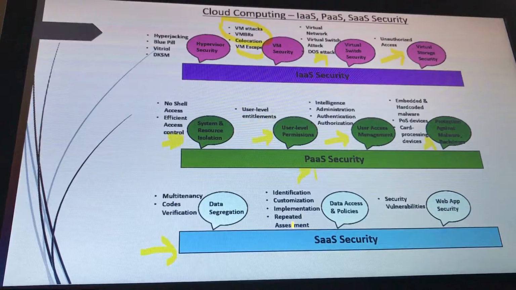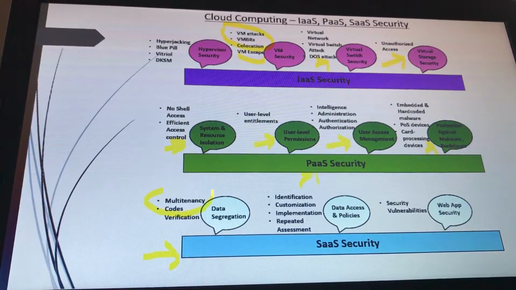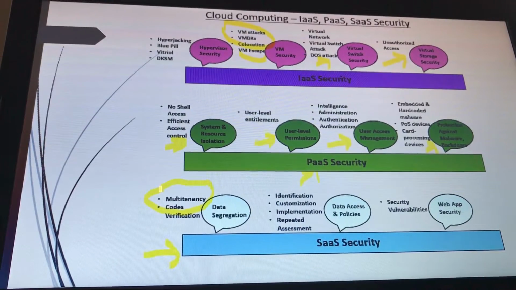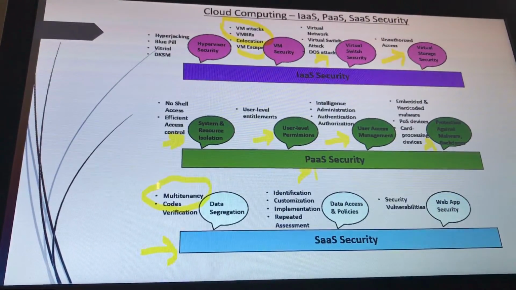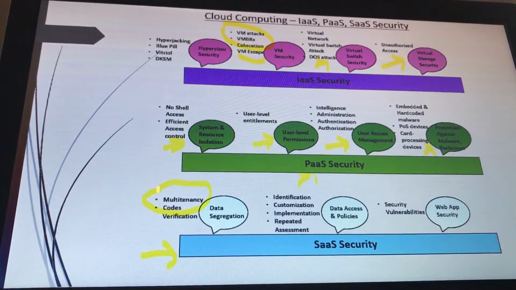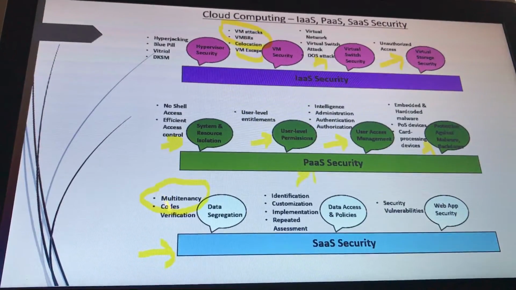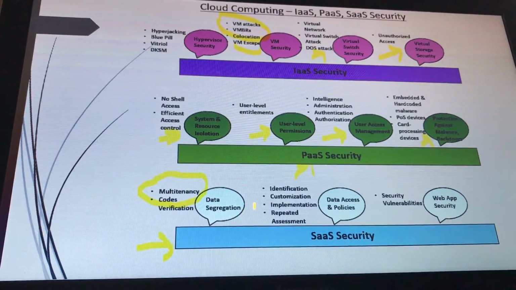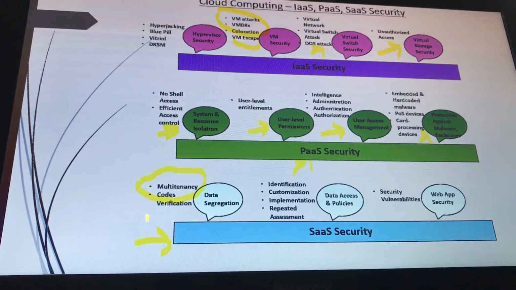So this will increase the attack surface for the users, because if the application executes code without verification, there is a high potential of success for the attacker to access or view other customers' or tenants' data. So data segregation is very important in the multi-tenant environment of cloud computing.